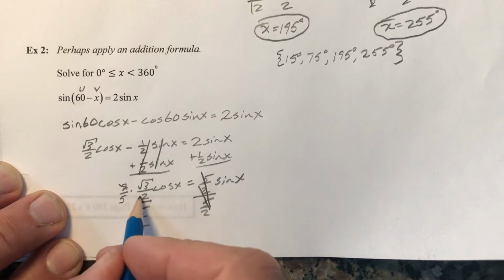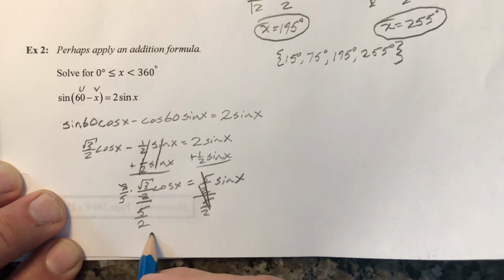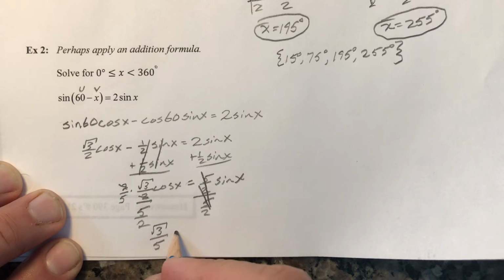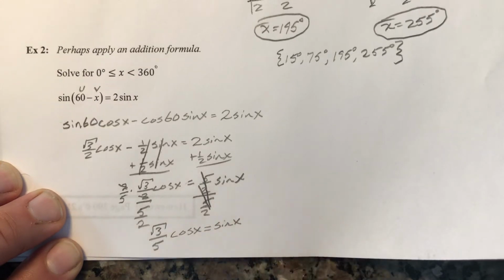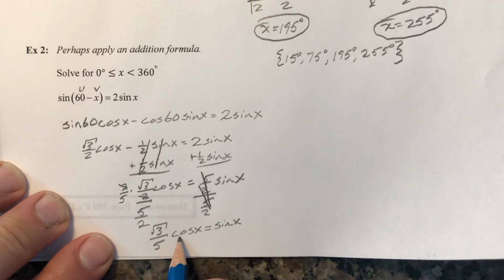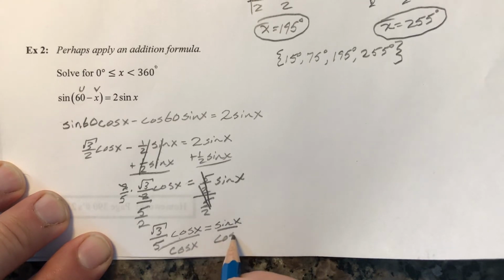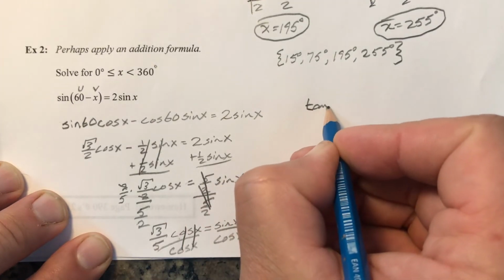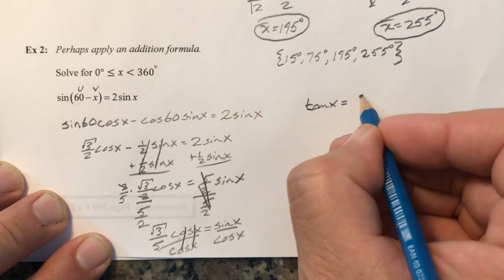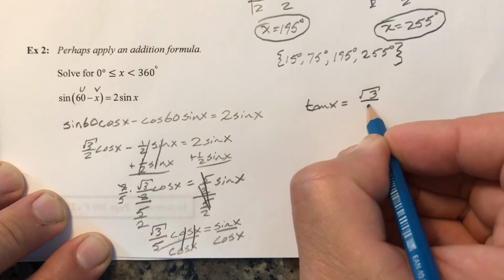So the 2's cancel, so we're really dealing with a radical 3 over 5 cosine x equals sine x. All right. So at this point, I'm going to divide by cosine x here, divide by cosine x here, essentially creating a tan x.